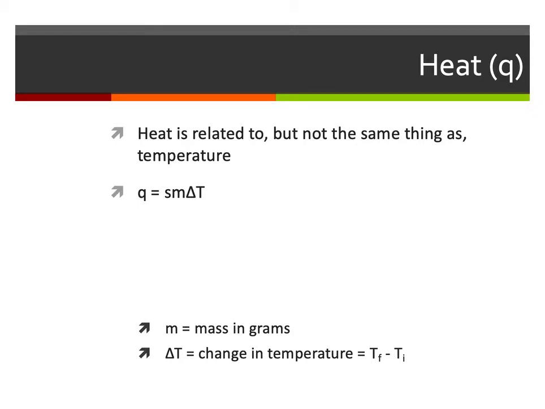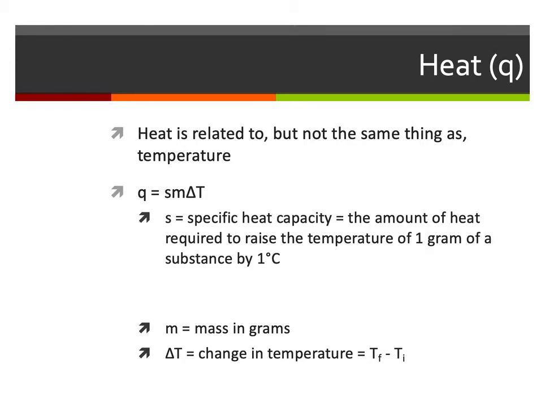And so the change in temperature can be either positive or negative, and that's important to note because that tells us the direction of the heat transfer. So we can't ignore the positive or negative signs here. It's important to always do that in the correct order, final minus initial.